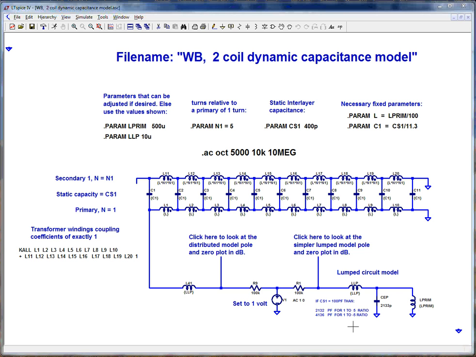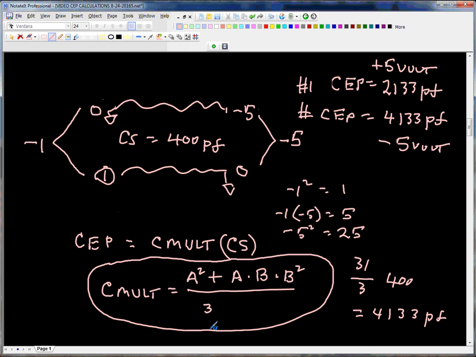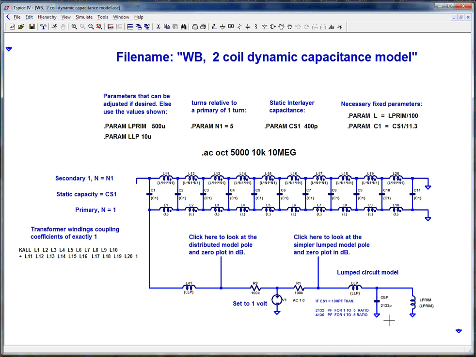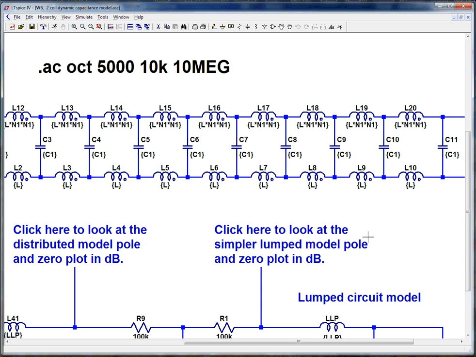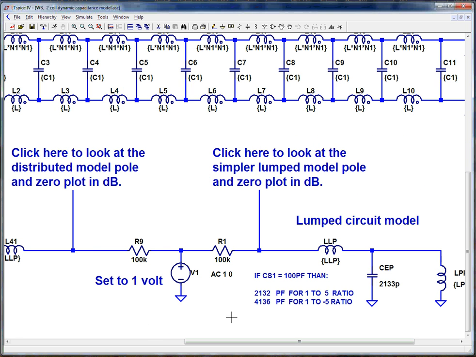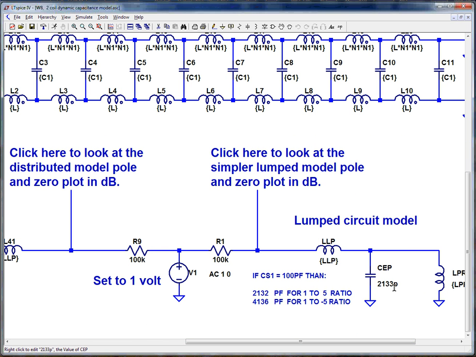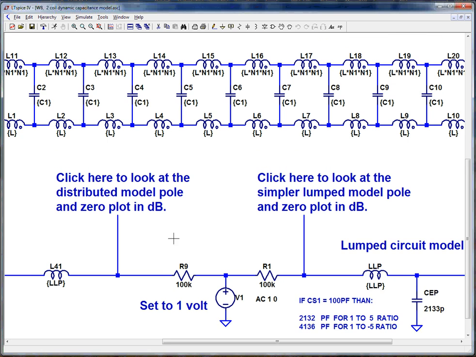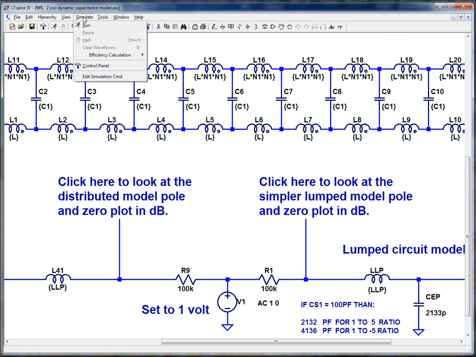So one of the values we needed to use was 2133 picofarads. Let's take a look at that. That's what we have right now, 2133 picofarads. I'll blow this up so you can see it. And we're going to run this program.